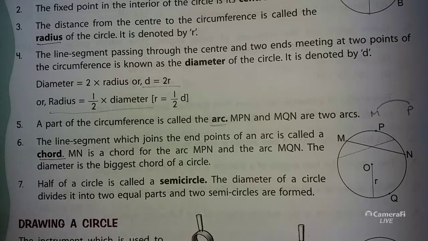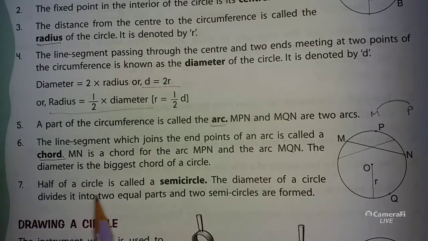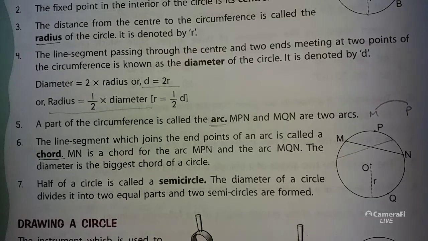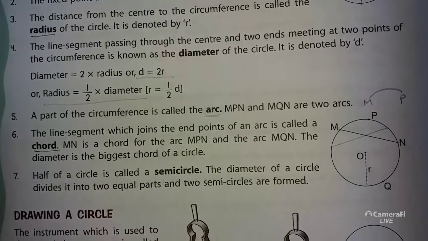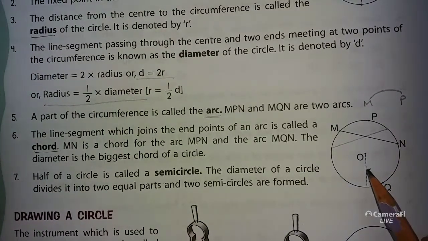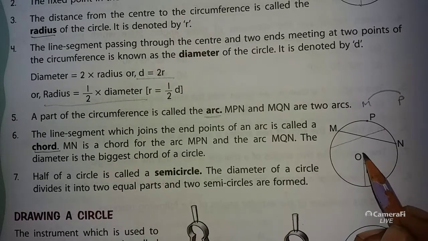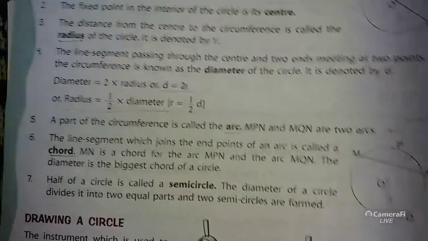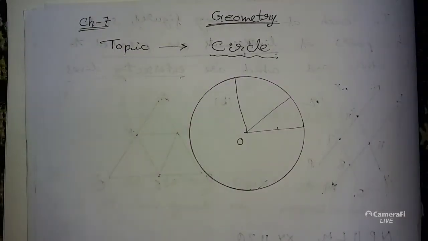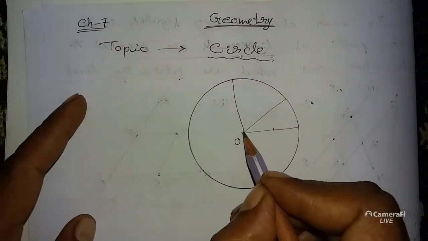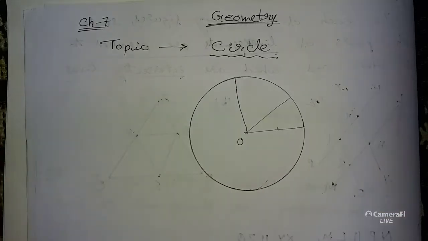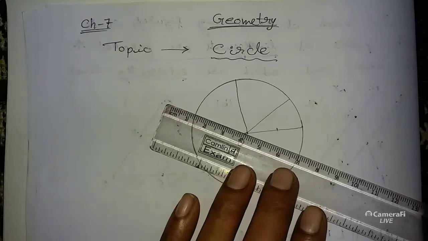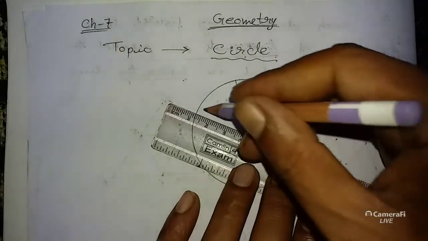Next is semicircle. Half of a circle is called a semicircle. A semicircle divides the circle into two equal halves. Suppose we draw the diameter. Here O is the center. Let us draw a diameter, this one.